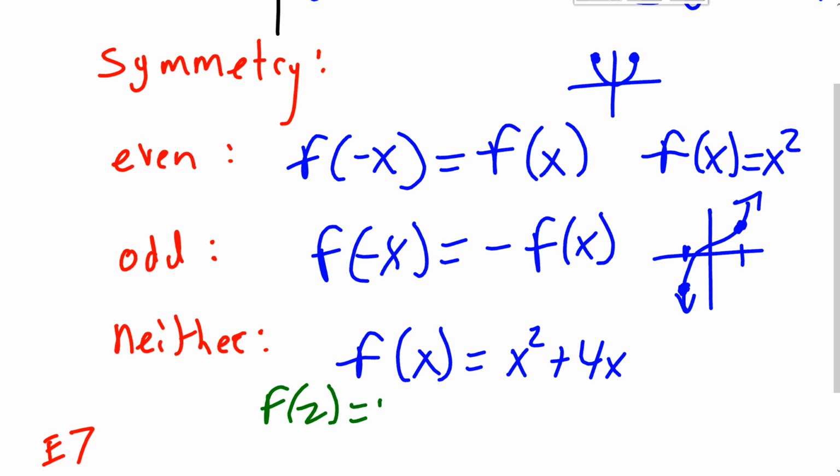So if I plug in 2, I get 12. If I plug in -2, here I get 4, right? But when I do this, I get -8, and so I get -4. So f of -2 is -4. If it was even, I would also get 12. So not all quadratics are even, but it's also not odd. I didn't get an opposite of that answer. I didn't get a -12.